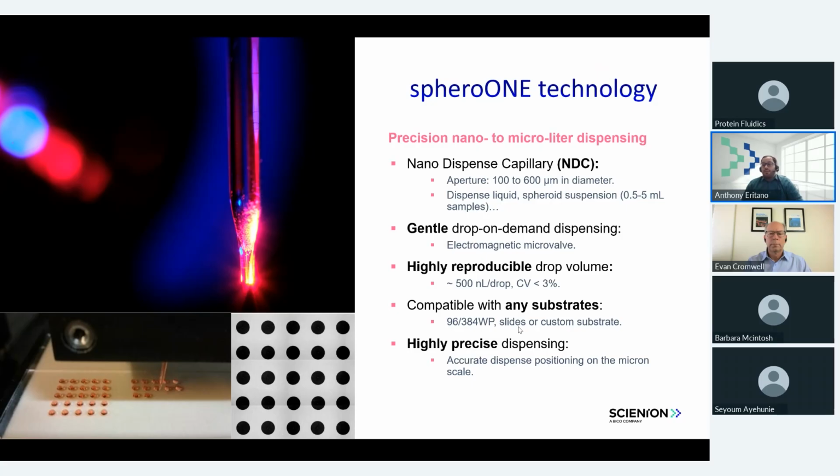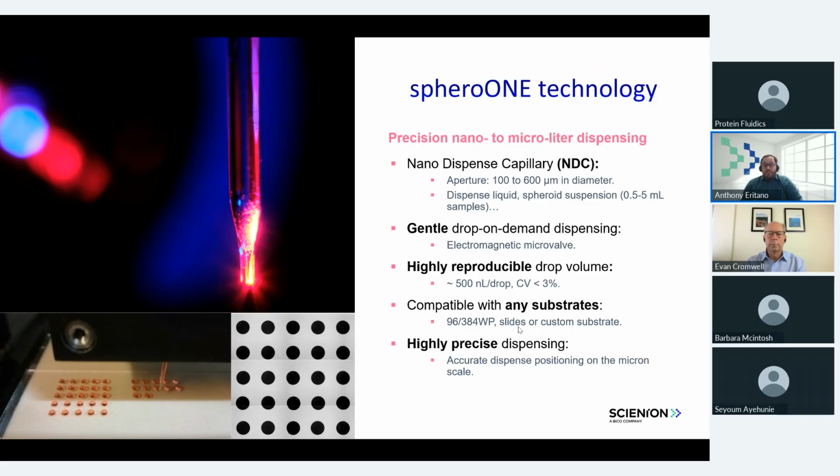What's really important is that it's very gentle when handling these spheroids. We have an electromagnetic microvalve that makes sure the drop coming out of this capillary is delivered very delicately, so the spheroid itself is not damaged.